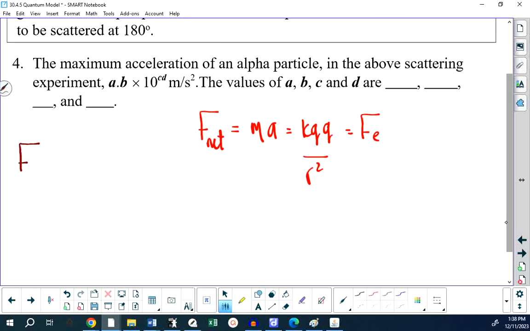If you look at this formula, if r is small, the force is big. Well, what we're doing is taking that distance of closest approach, the smallest r possible, to calculate this biggest force so we can divide by the mass.